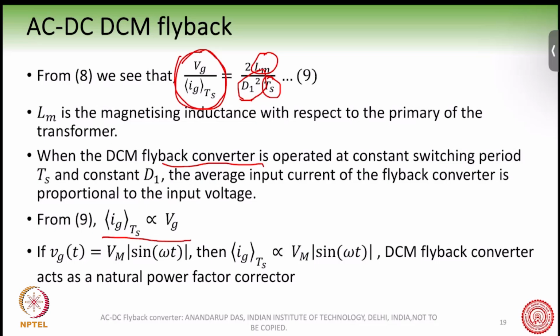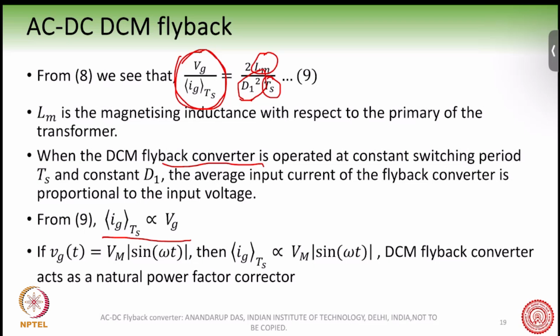What does this mean? It means that whatever the shape of Vg, IG will exactly go on following. It is just a proportionality factor, so basically it becomes a resistor.